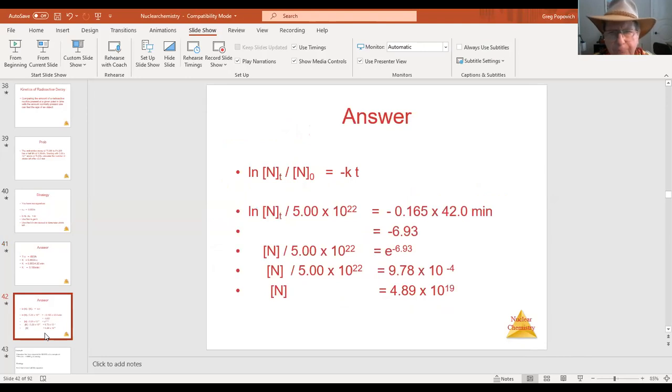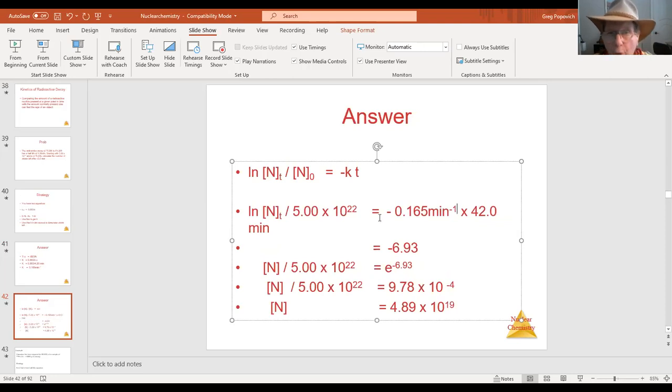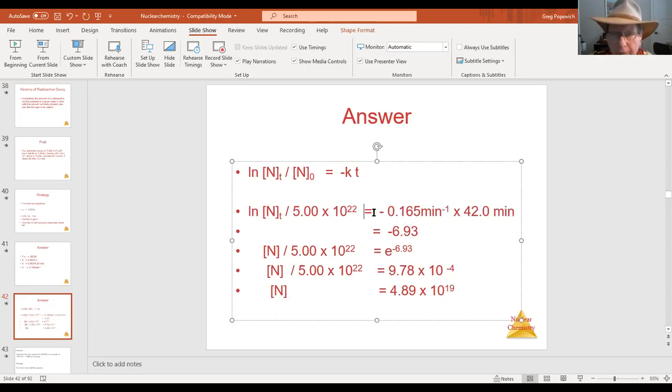The reason that's important is, if I give you a time that's in something other than minutes, then I'm going to have to convert that to whatever time unit my k was originally determined in. Any other questions about this problem, guys?